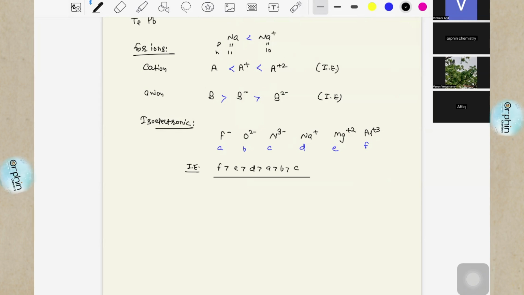Proton number is less, hold is lesser. So for isoelectronic species, if Z, the atomic number, is more, the hold is strong, so removal of electron becomes difficult. So ionization energy is more. So atomic number is more for F, then E, then D. Like that we can do. Right, Varun?